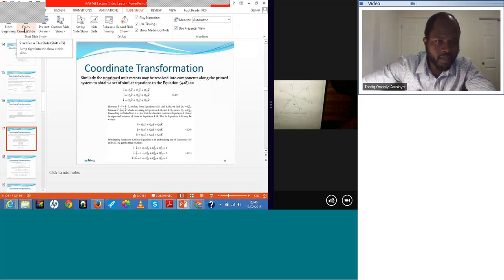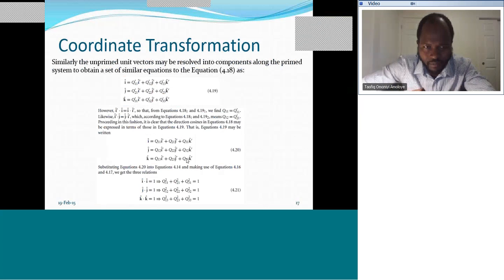In order to save time, I won't try to figure out exactly how to go about this, but it's just resolution of the unit vectors. So if we now substitute equation 4.20 into 4.14, this is 4.20, the resolution of the unit vectors of the unprimed system into components in the primed system.